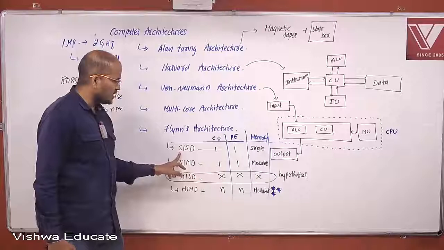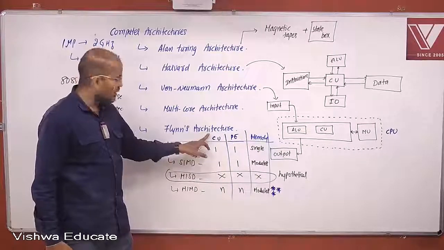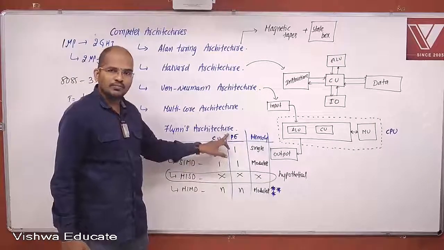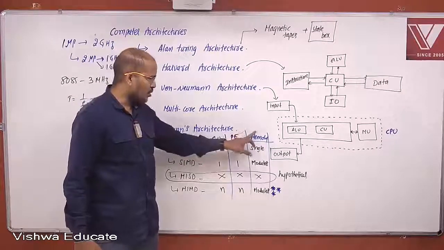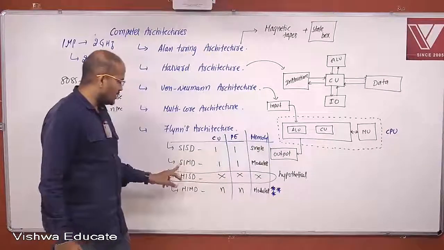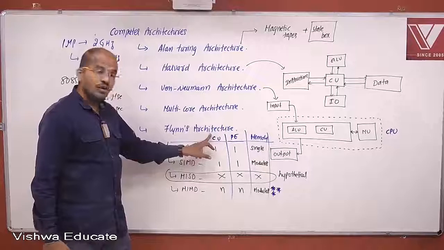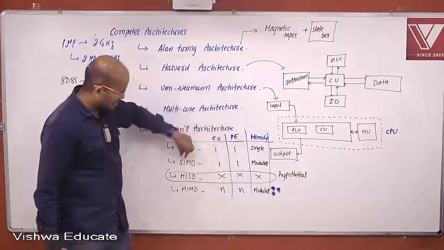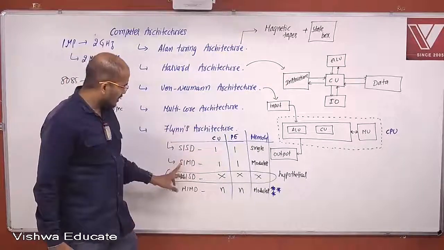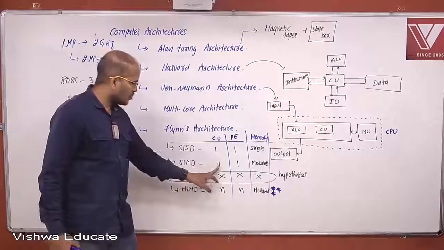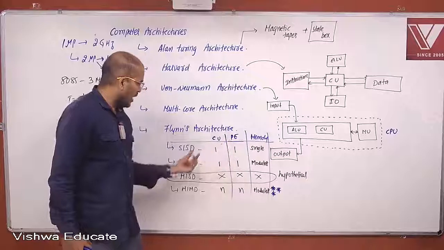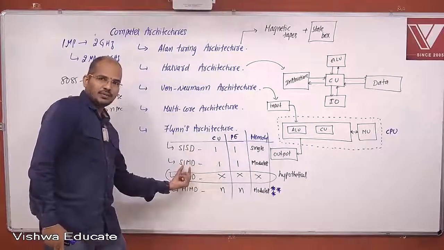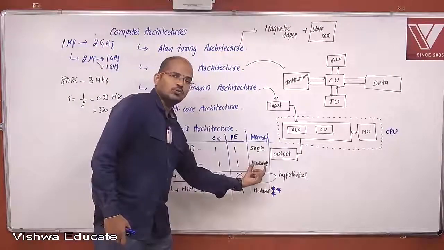In a single instruction machine, we have a single control unit, a single processing element, and the memory was also single. Coming to SIMD, we have a single control unit and a single processing unit, depending on the instructions used. So single instruction, one control unit, one processing unit. As we have multiple data present, we use modules.